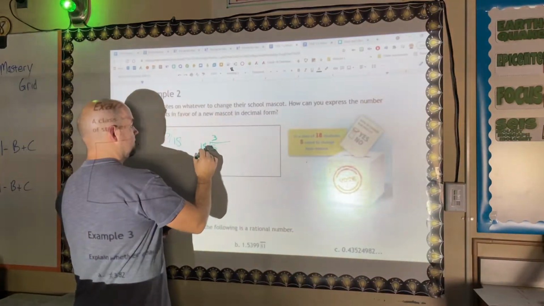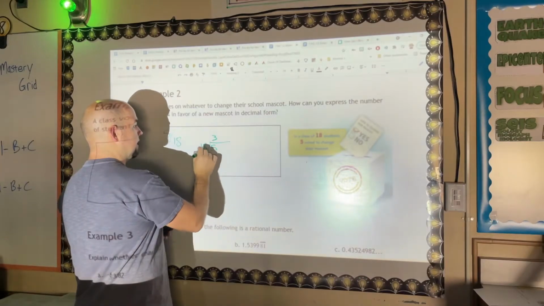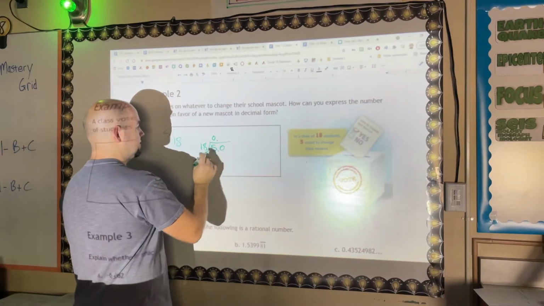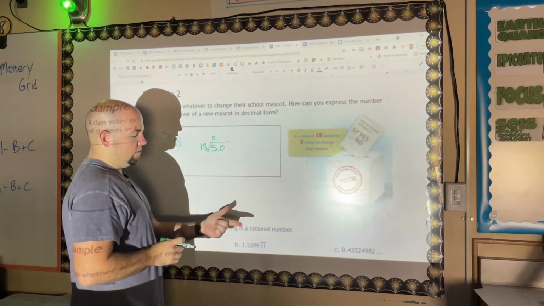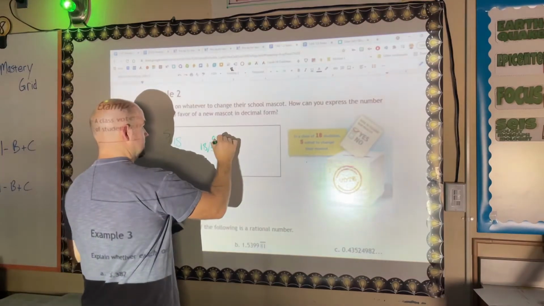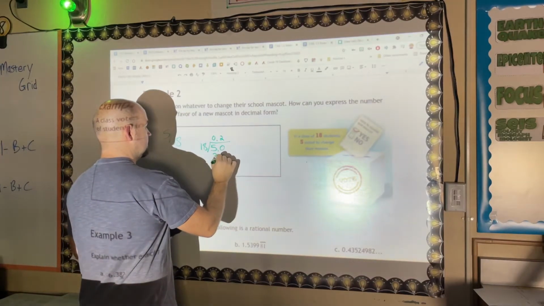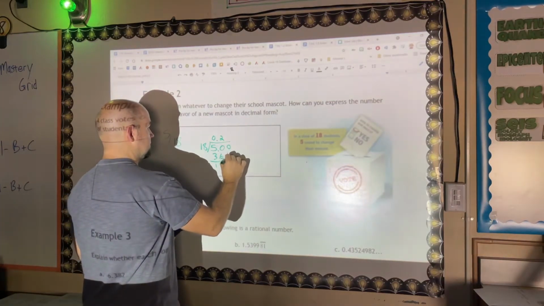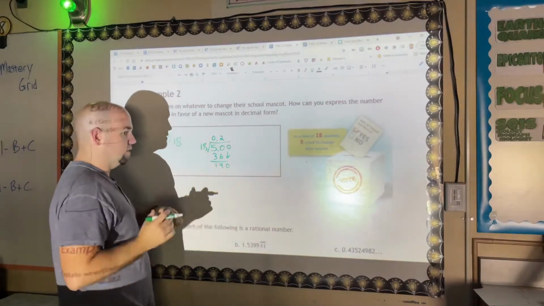Oh, 18 does not go into 5 at all, so we gotta have our 0. Sorry about that. So how many times does 18 go into there? 18, 36, 54. So it only goes in there twice. 36. So we get down, we've got 14. Oh goodness gracious, we're gonna get some big numbers here. I'm trying to do this fast.